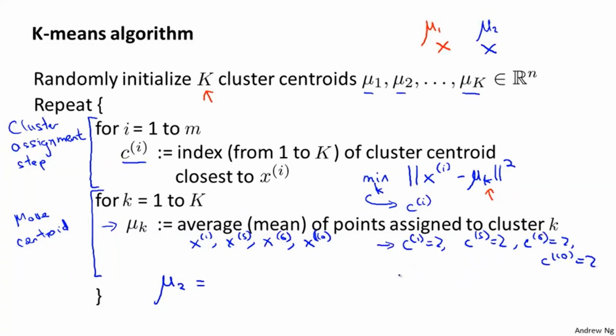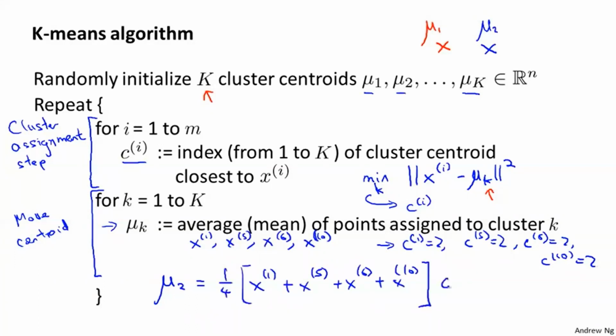Then in the move centroid step, I'm just going to compute the average of these four things: x1 plus x5 plus x6 plus x10. Here I have 4 points assigned to this cluster centroid, so I take 1/4 of that.